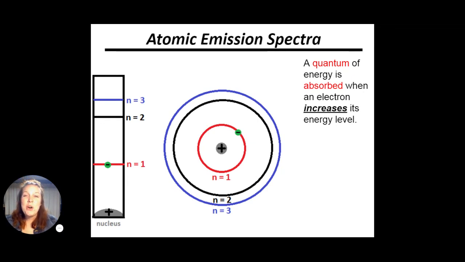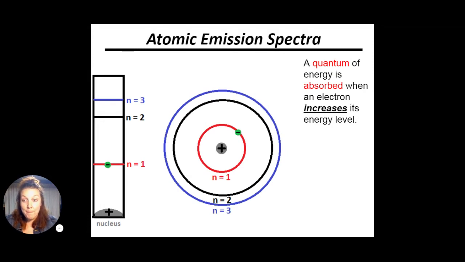All right, so we know a quantum is the amount of energy needed to move an electron. A quantum of energy is absorbed when an electron increases its energy level. Now this makes sense. If we want to get this electron in energy level 1 up to energy level 2, we have to push it up to that energy level.